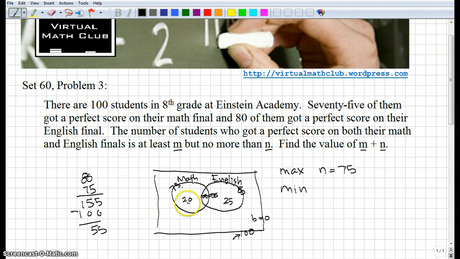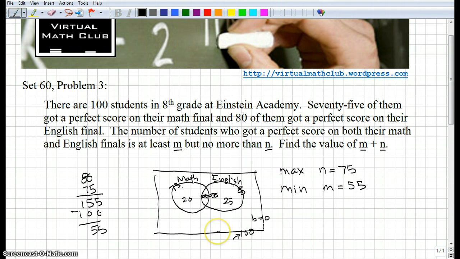And then it would all add up. The 20 plus the 55 plus the 25, that's 100. So all the kids would fall into one of these two categories, and there would be nobody out here. So the minimum number of kids that got a perfect score on math and English is 55.